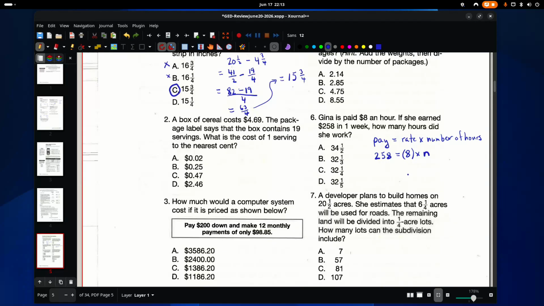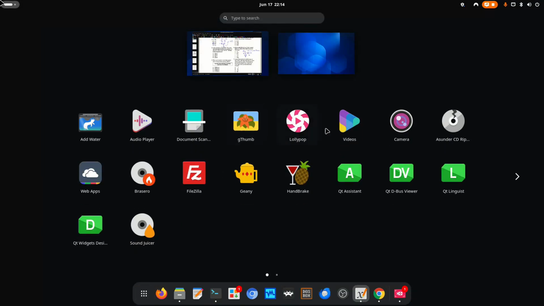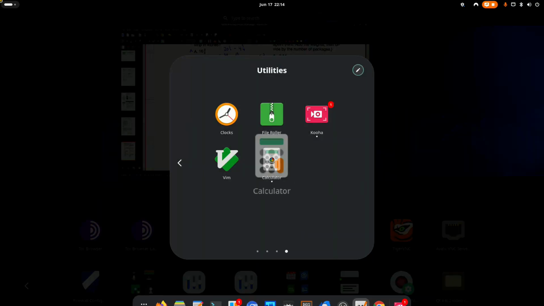We'll say n is the number of hours, and so to get n by itself, we divide both sides by 8. So we have 258 divided by 8. I'm going to get my calculator out now for this one. Let's see here, utilities, calculator.